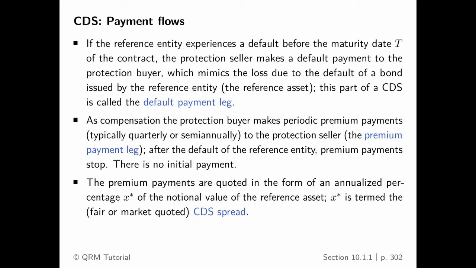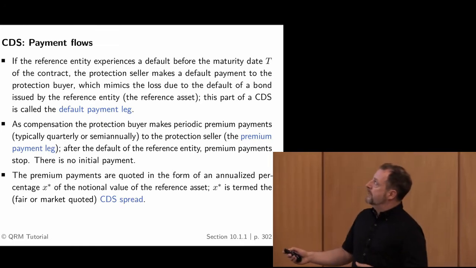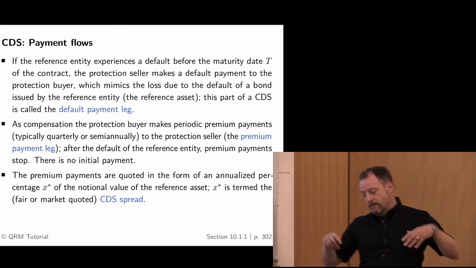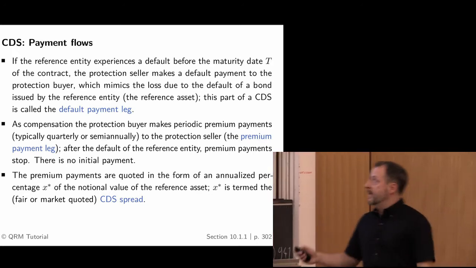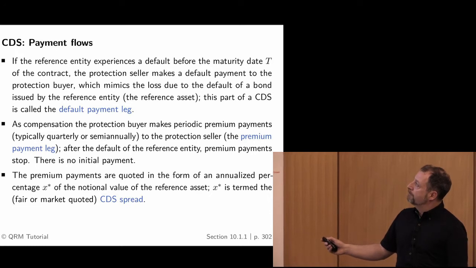Those are the kinds of time horizons we should think of. So I think what I've said is summarized here, but let's just make sure. If the reference entity, that was C, that was Nestle here, experiences a default before T, the protection seller makes a default payment to the protection buyer. It makes good the loss that the protection buyer actually experiences.